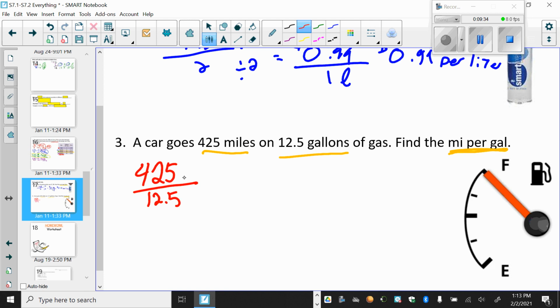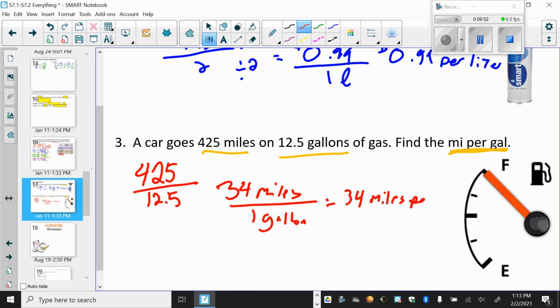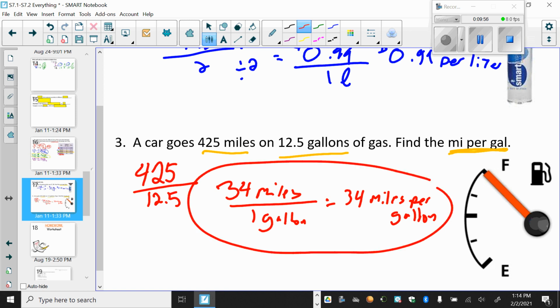Let's see what that makes. 425 divided by 12.5 gets us 34. 34 miles over 1 gallon, or 34 miles per gallon. Both of those are right. You could do either one. This one over here looks nicer, but it's kind of up to you guys.